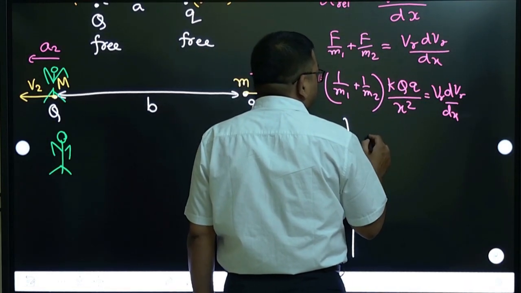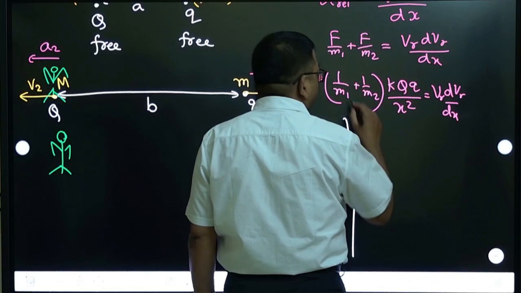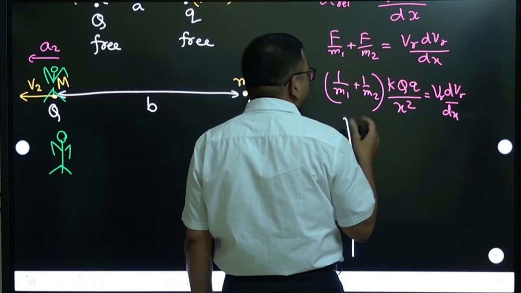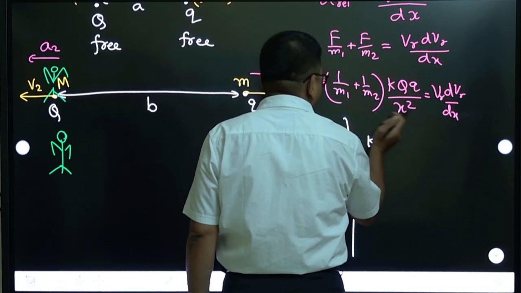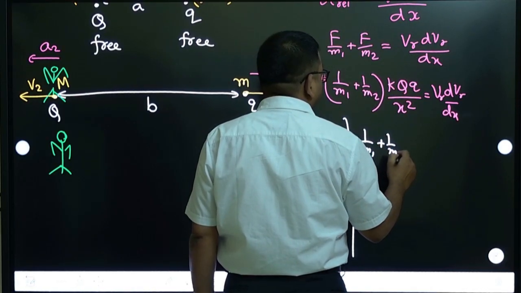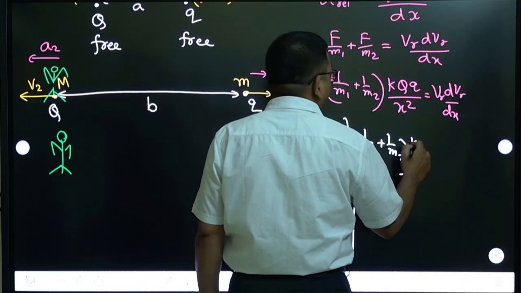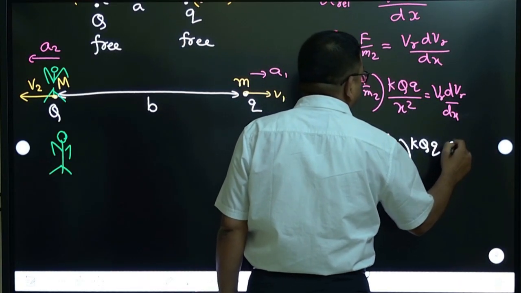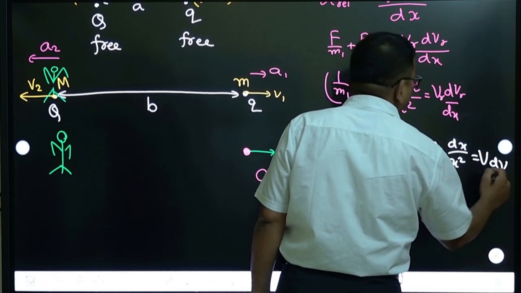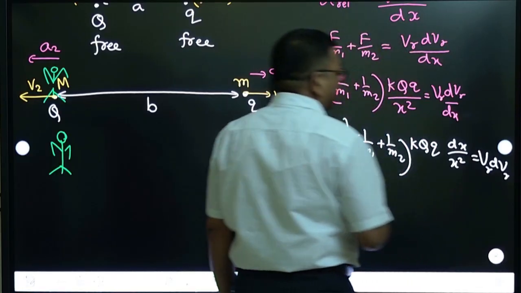Bring to one side this k, and this factor 1 by m1 plus 1 by m2 will come. 1 by m1 plus 1 by m2 is a constant, and k q1 q2 is also constant. So dx by x square will be there, and this is v dv, where v is vr.